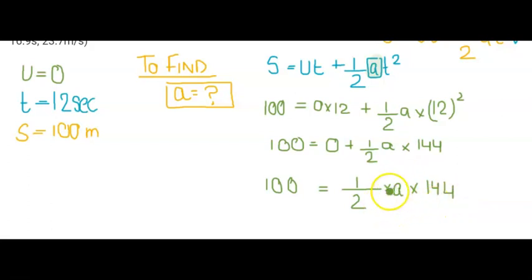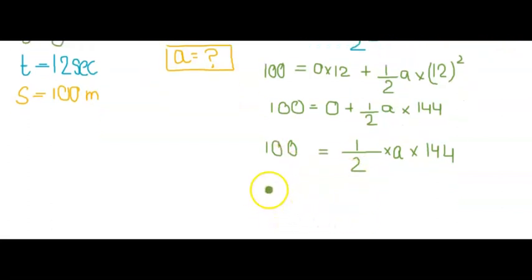Now I put this times, it doesn't matter if there was no times and I put times, they are timesings anyway. Now this 2 is dividing, bring it on that side, so that will be 100 times 2, and that will be a times 144.